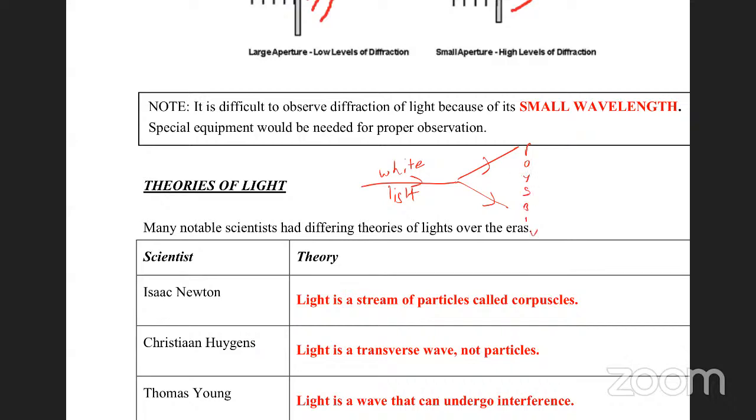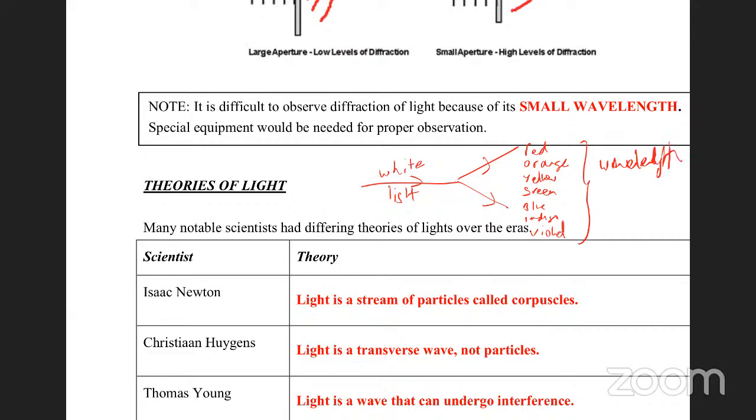White light is made up of red, orange, yellow, green, blue, indigo, violet. And all these colors when combined give you white light. Of course, they all have different wavelengths. I'm not sure if I told you this during refraction, but they all have different wavelengths.